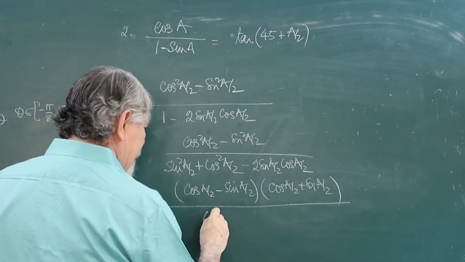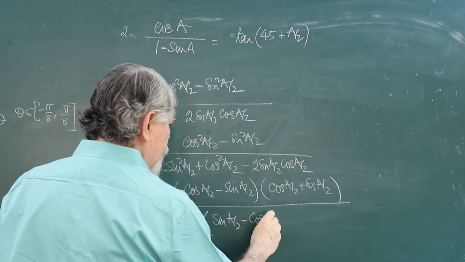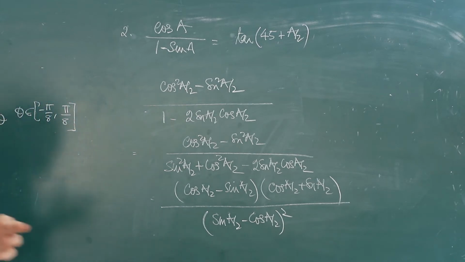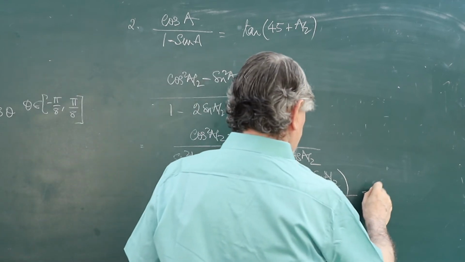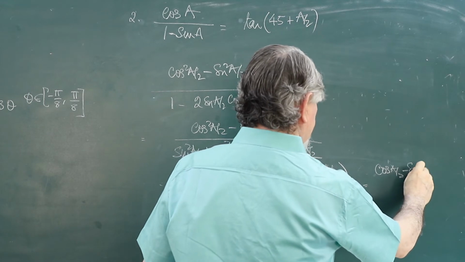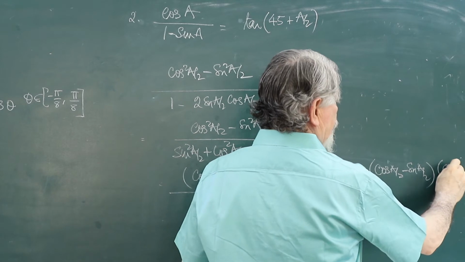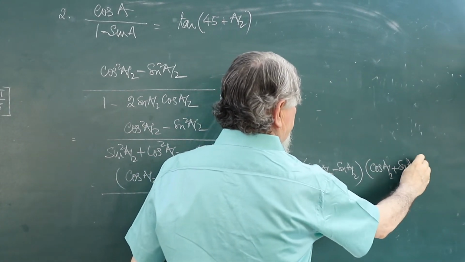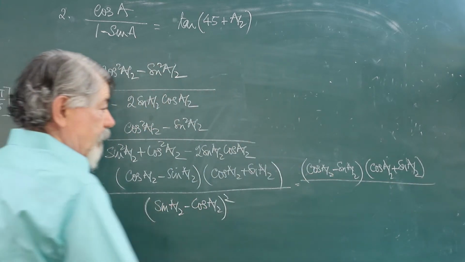So it will be (sin A by 2 minus cos A by 2) whole square. It is going to be a whole square, so I can reverse it. Even if I write it as cos A by 2 minus sin A by 2, it does not matter because it's a square.